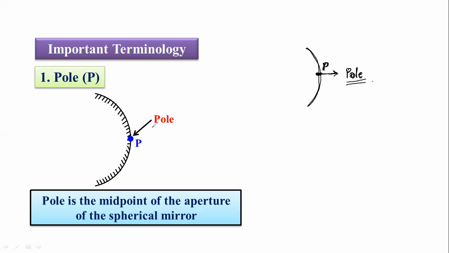If you don't understand these terms, then you will never understand optics. So this is what pole is.